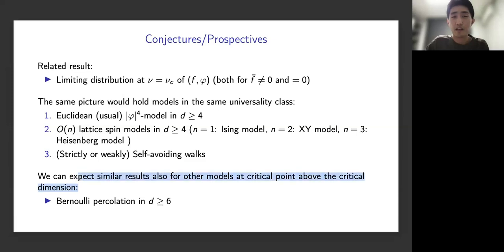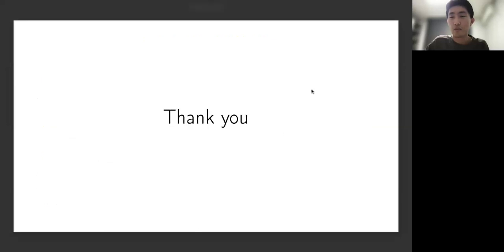So I hope that people in the probability community get interested in this question of plateau. I think it's a wonderful direction of research. That's all I wanted to mention. So thank you for paying attention.